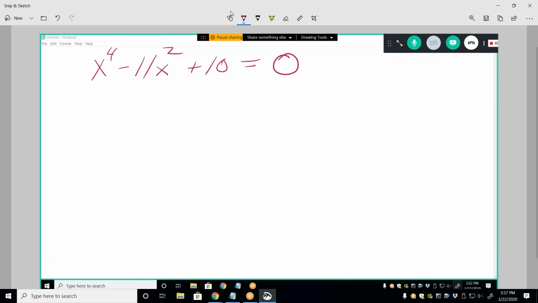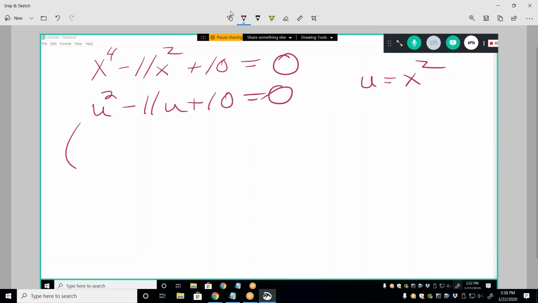This looks like a quartic, but you'll notice it's actually a quadratic in disguise. What do I mean by that? Let's go over here and let's let u equal x squared. Okay? Mm-hmm. So now I can rewrite this quartic as u squared minus 11u plus 10 equals 0.